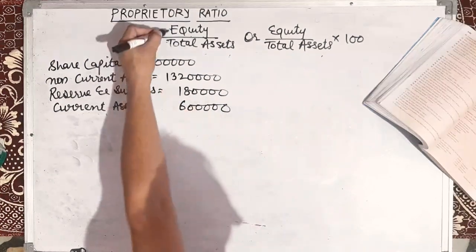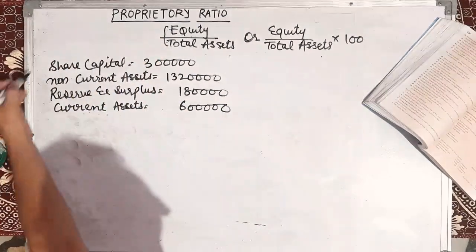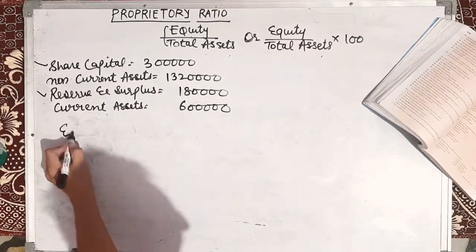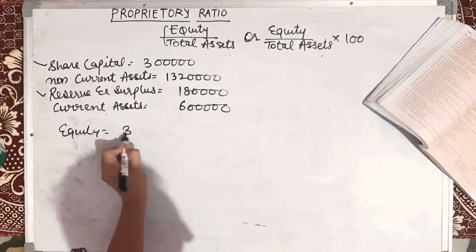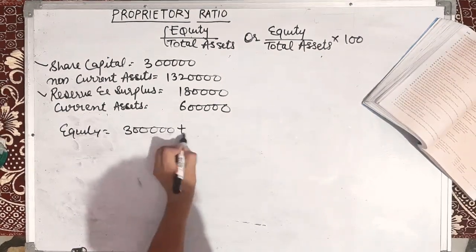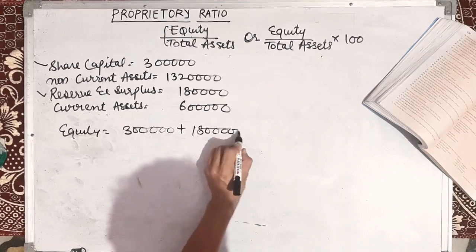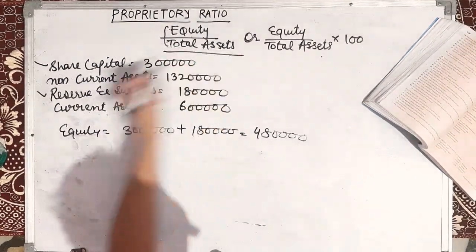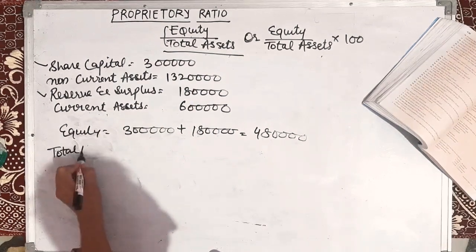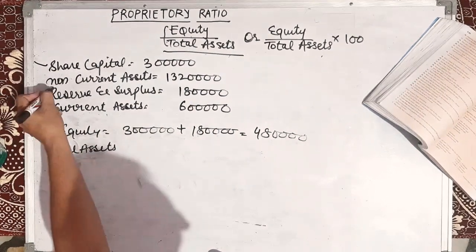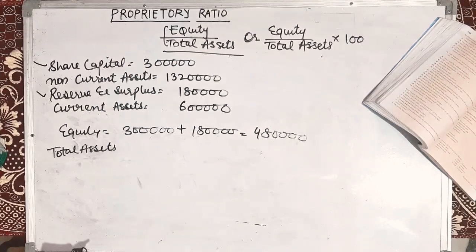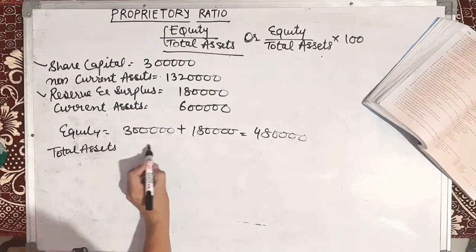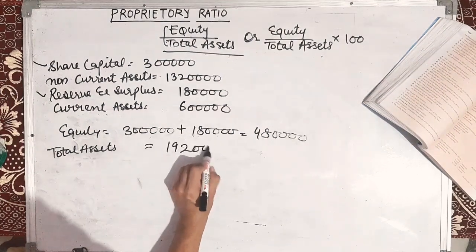As we know, we need two components, equity and total assets. Share capital and reserve and surplus are part of equity. So equity is equal to 3 lakh plus 1,80,000, that is equal to 4,80,000. And total assets is equal to non-current asset, that is the fixed asset, plus current asset: 13,20,000 plus 6 lakh, that is equal to 19,20,000.